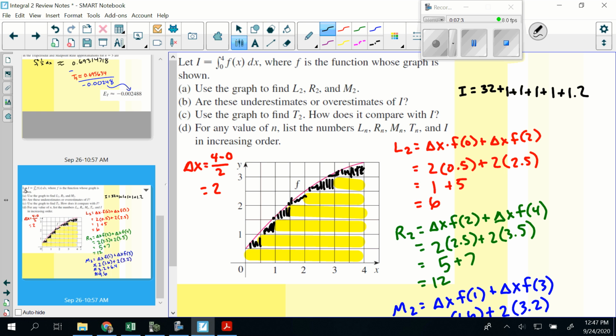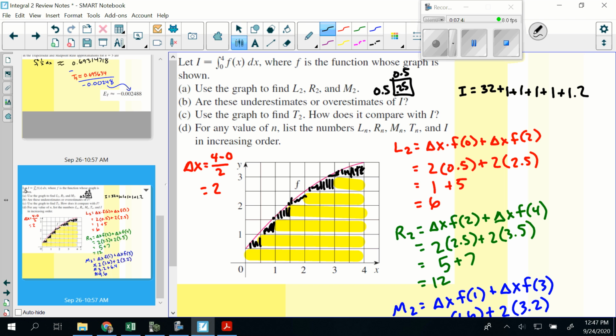How big is each box here? Well, remember, we're going by halves. So each box is a half by a half. If we multiply 0.5 times 0.5, the area of one of these is 0.25.